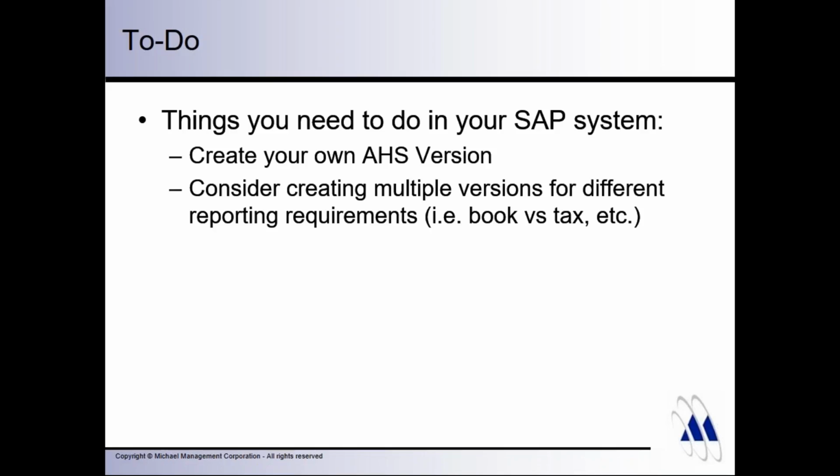Now, consider that you want different, multiple versions. One version is probably not going to cut it. For example, there's differences in asset reporting requirements for book versus tax. I'm working with a client right now that is being bought out by another company, so they have to revalue their assets, and these revaluations get posted to the book areas only.